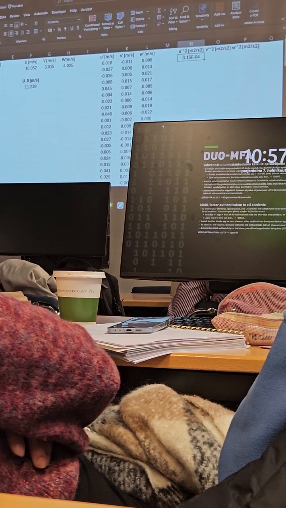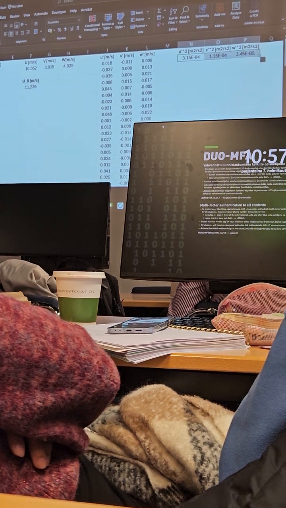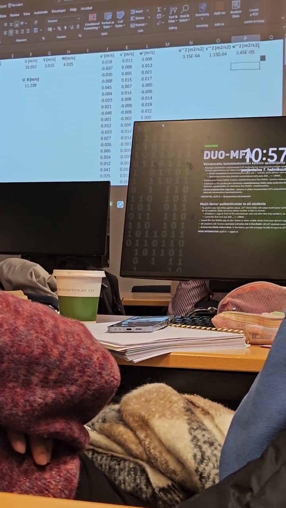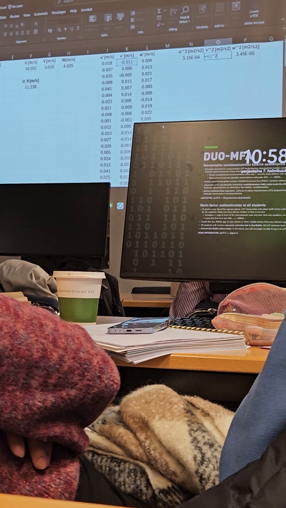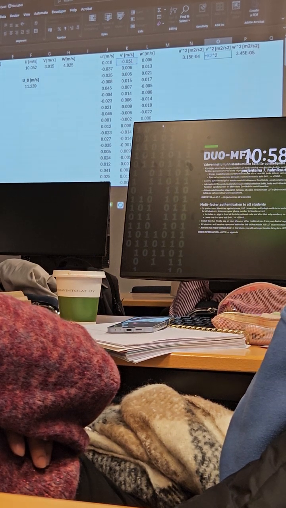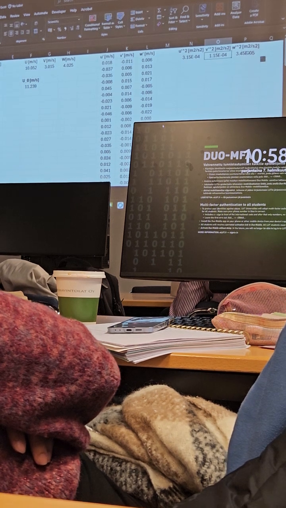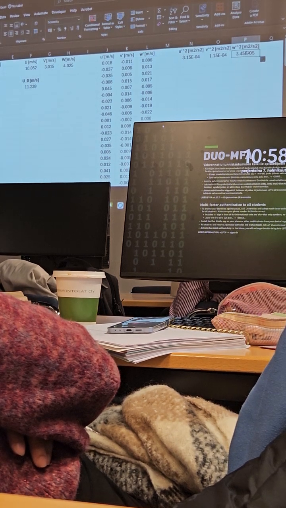So we can put this value on the horizontal and then on the vertical direction, so that automatically it calculates the right square value here. So v prime square and w prime square.